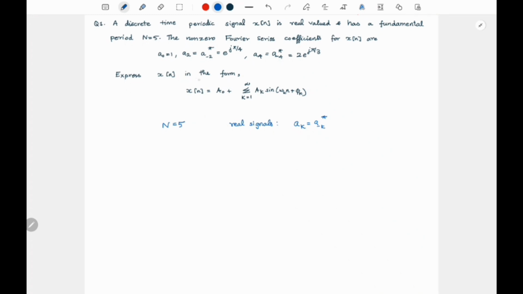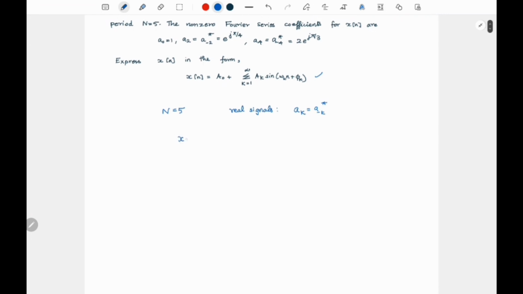So we need to express x of n in the form x of n equal to a_0 plus summation k equal to 1 to infinity A_k sin(omega k n plus phi_k). So this is also another form of representing x of n in terms of sinusoidal signals. This can be derived easily from the complex exponential expression.